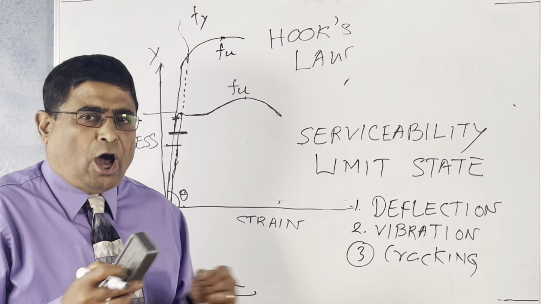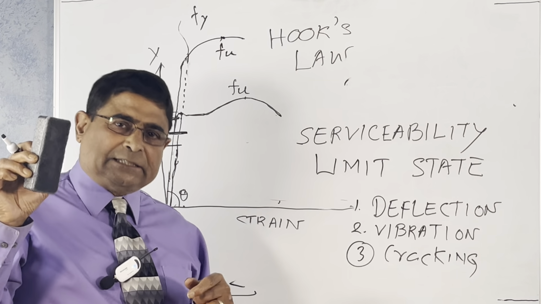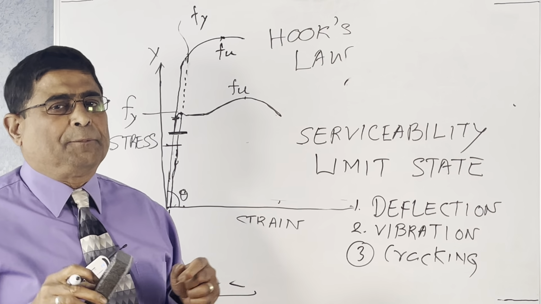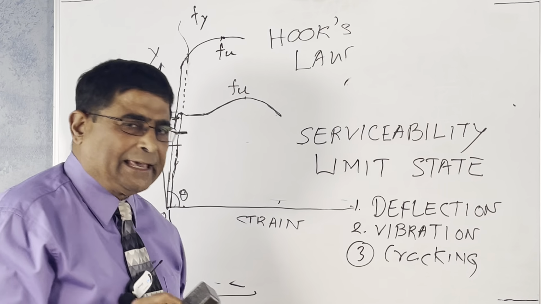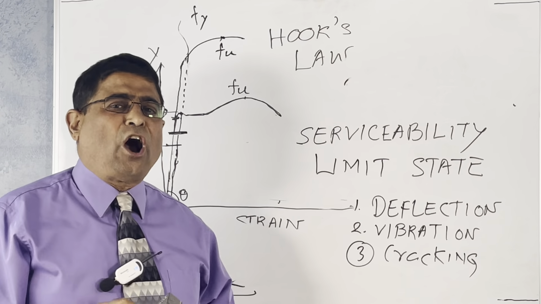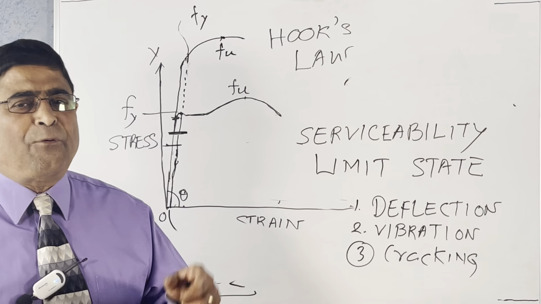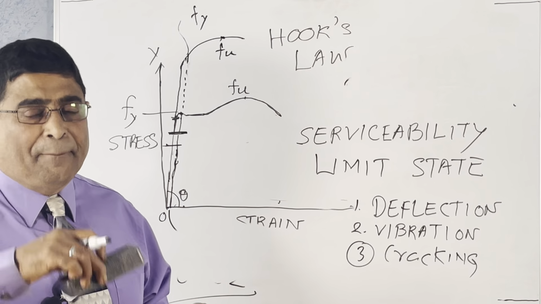It vibrates a lot, then people get scared. Similarly, cracking: if there's a crack on the structure somewhere, people get scared. So there's a limit for all of this deflection, vibration, cracking, etc. All of these have a limit that is specified in the code. How much it can go, how far you can travel, what is the limit.